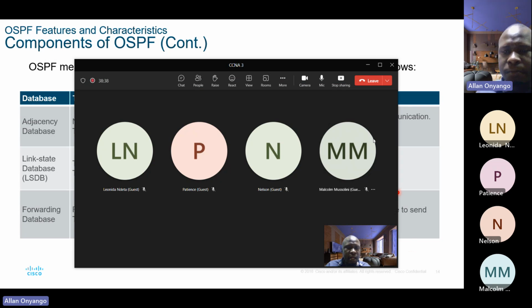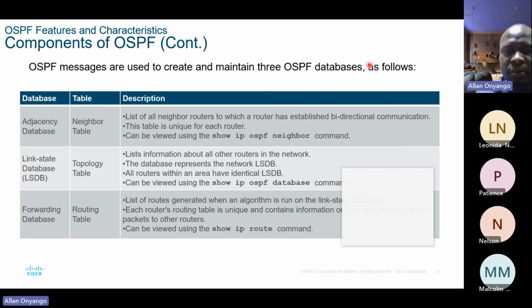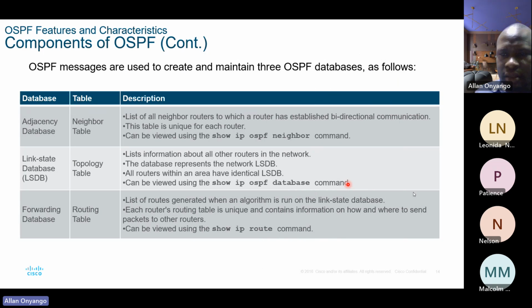Apart from the link state database, we have another database called the forwarding database. From the forwarding database, we generate the table that we know of from our previous classes.